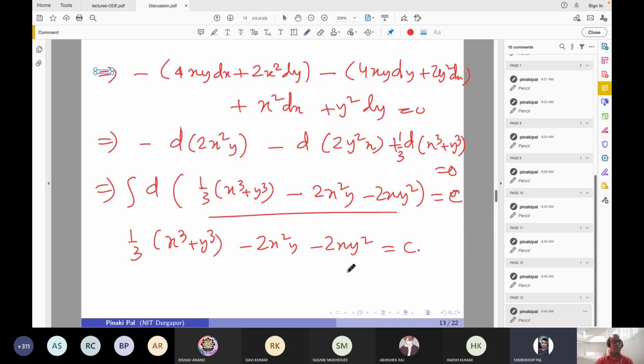But in other cases where del M del y is not equal to del N del x, there are methods for finding the integrating factors.